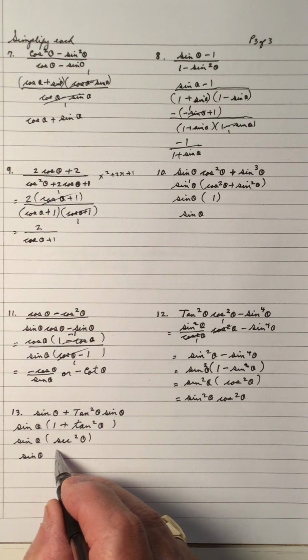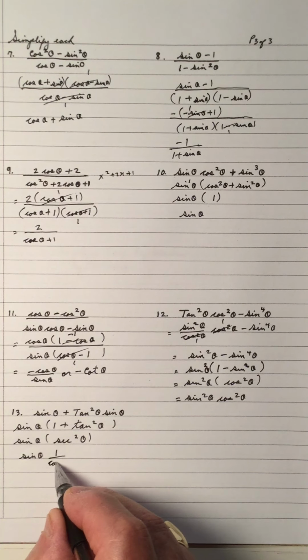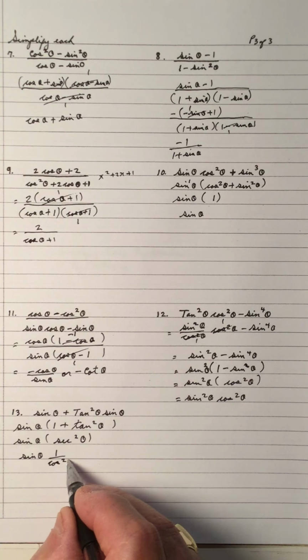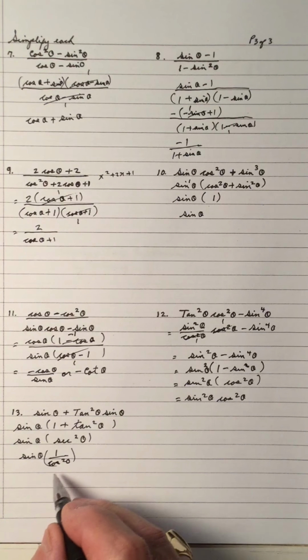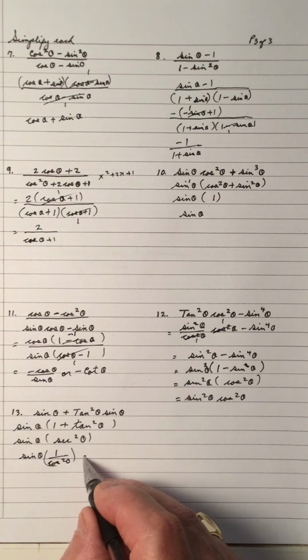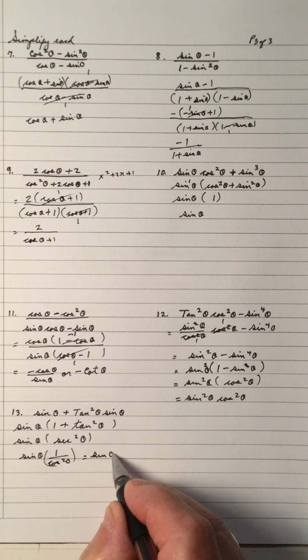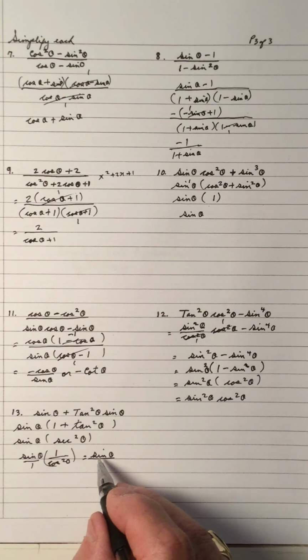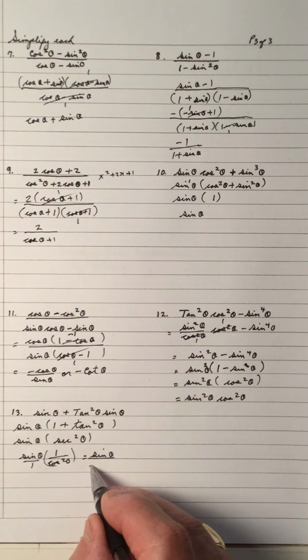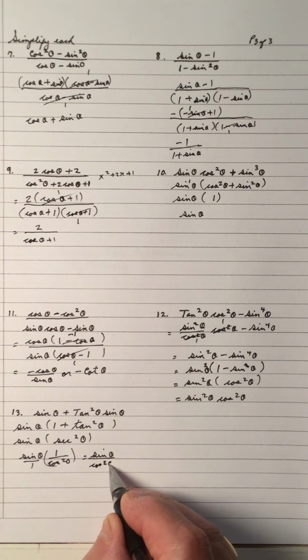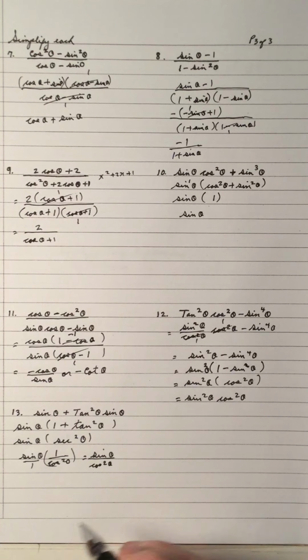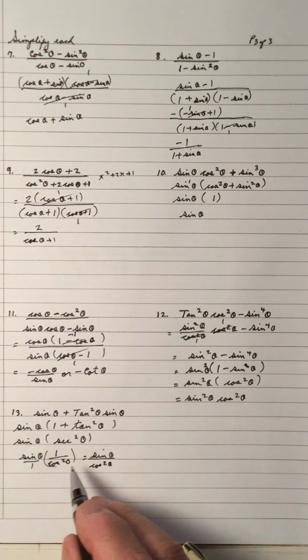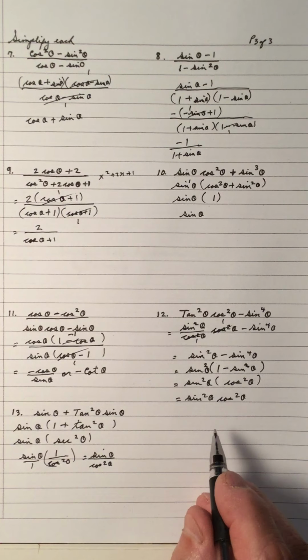Secant squared is 1 over cos squared. And so this is sine theta over, that's over 1. So 1 times sine is sine. 1 times cos squared is cos squared. And I could keep on going, but again, that's as far as I want to go.